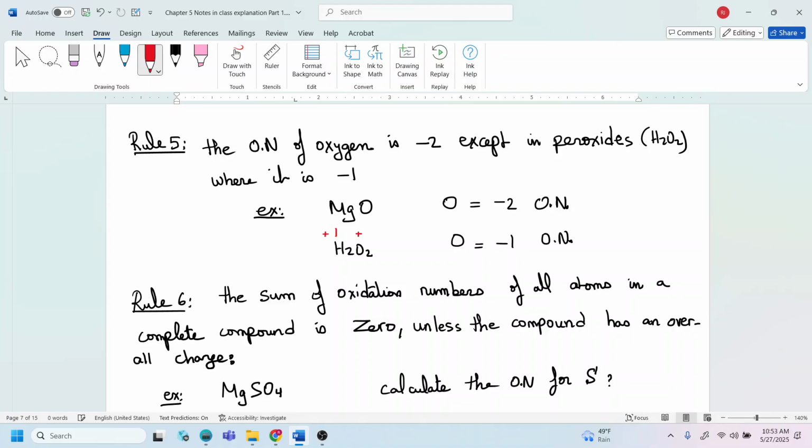Then the oxygen has to be, I'm sorry, -1 just to balance the hydrogen. So I have 2 plus, 2 minus, and they balance each other. This is the case where oxygen has an oxidation number of -1 and not -2. In this other example, it's not coupled with a hydrogen, it's coupled with magnesium, so it's going to have a regular -2 oxidation number.